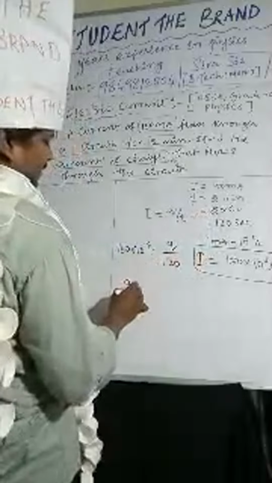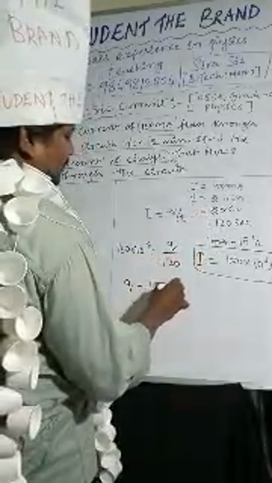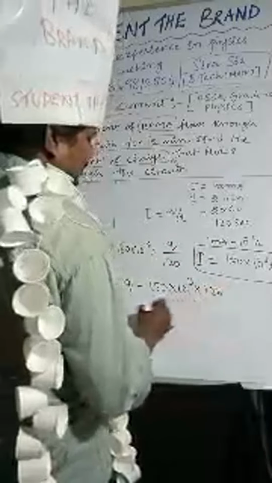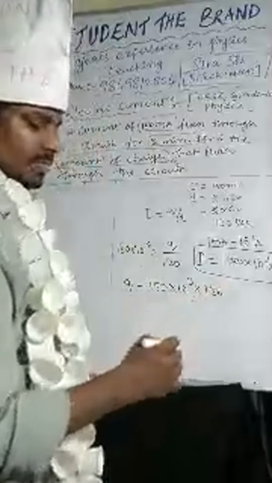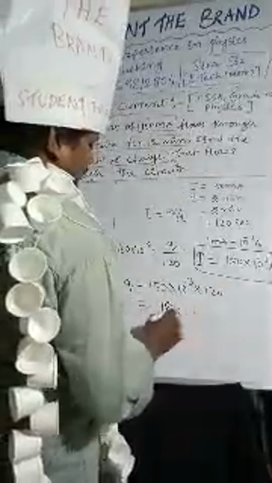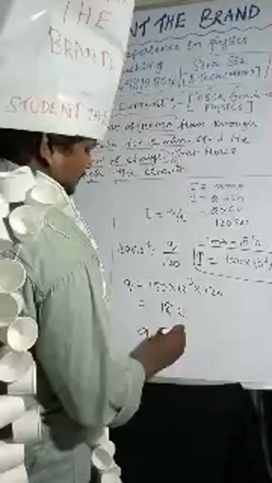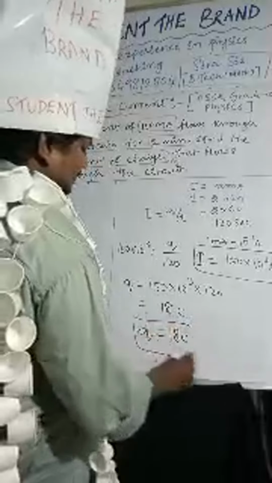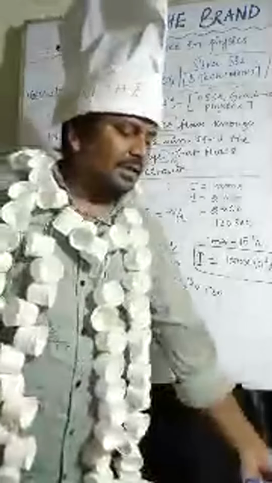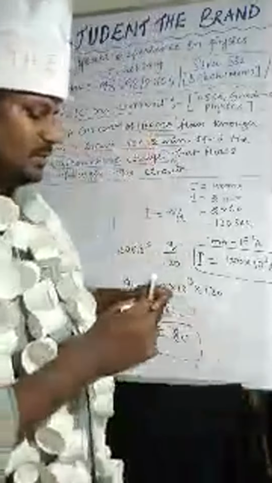Q equal to 150 into 10 power minus 3 into 120. How much you'll get? I hope answer is 18 C. 18 coulomb. So Q equal to 18 C. Is it clear? So that is a question and answer too.